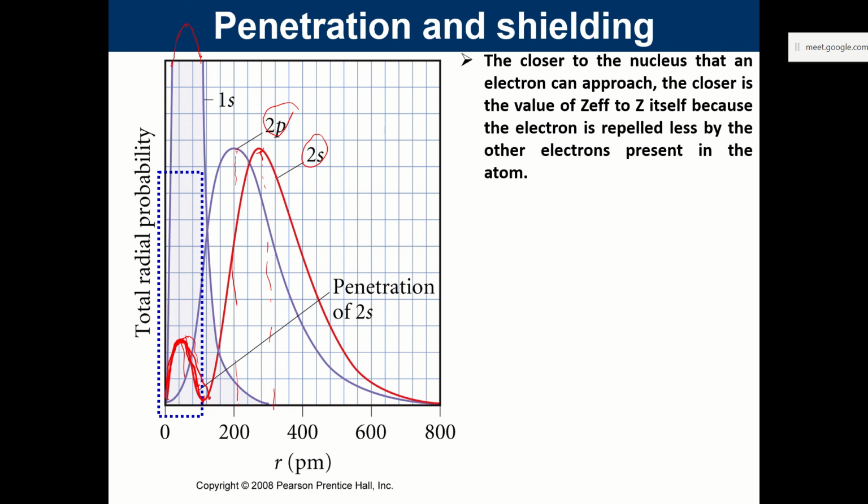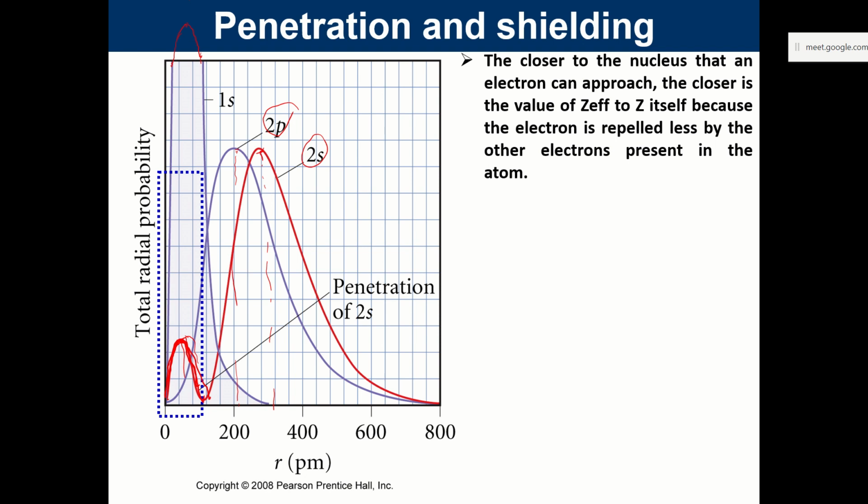It can penetrate the layer of inner electrons and approach the nucleus closely. And when it approaches the nucleus closely, it also feels the attractive force strongly. And because of the attraction between the nucleus and this 2s electron, the energy will decrease. And that's why 2s will have less energy as compared to 2p.